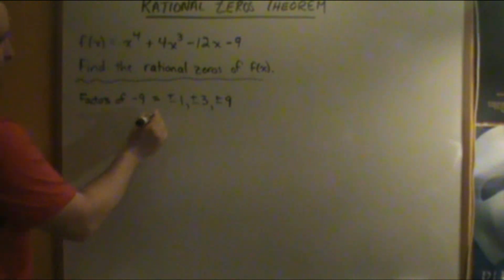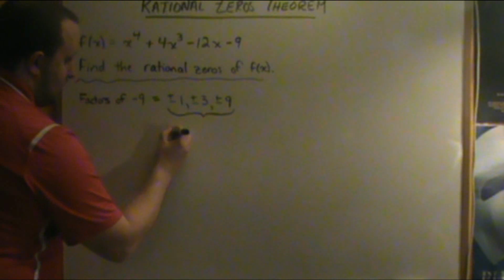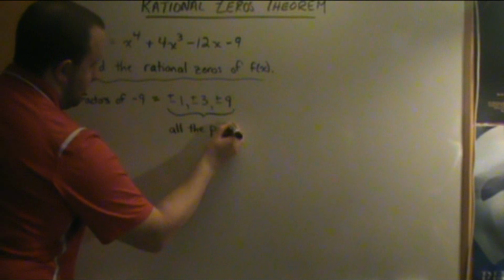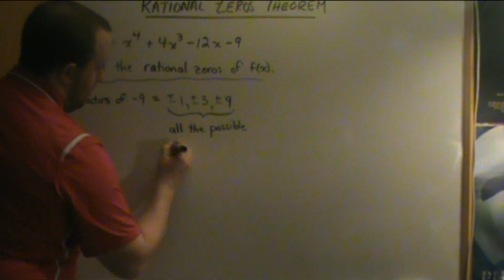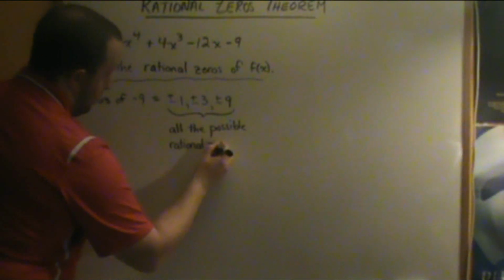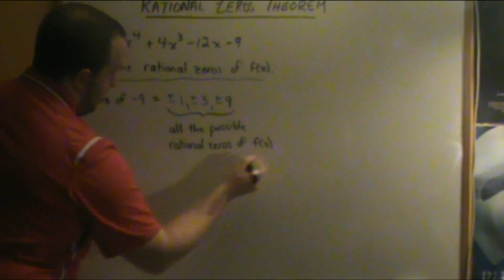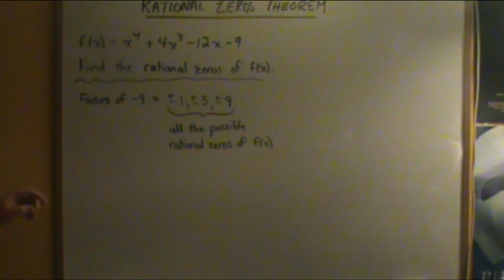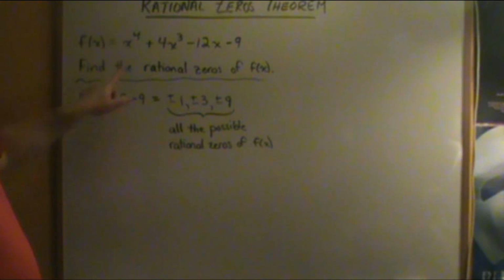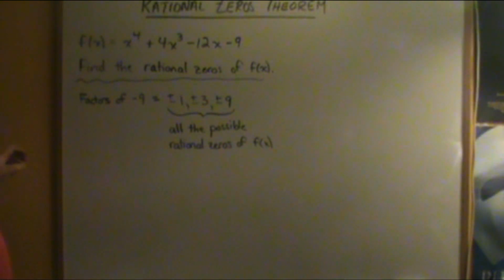And these numbers right here are all the possible rational zeros of the function f of x. And what we do here, to test and see which ones are zeros, is use the factor theorem in synthetic substitution.